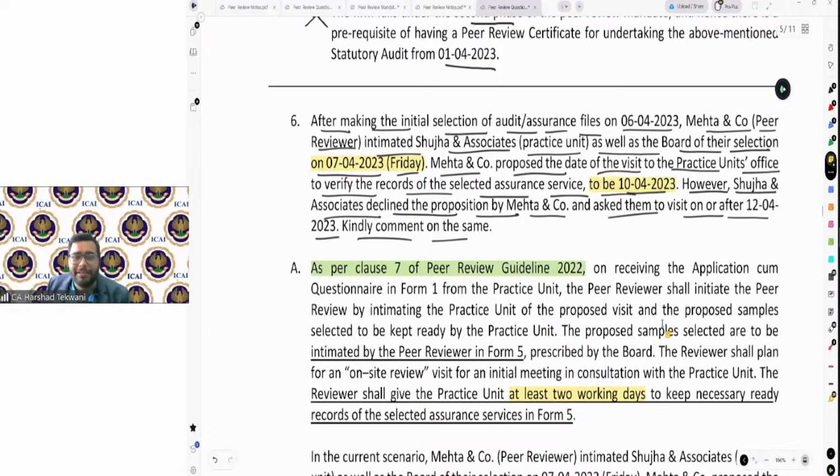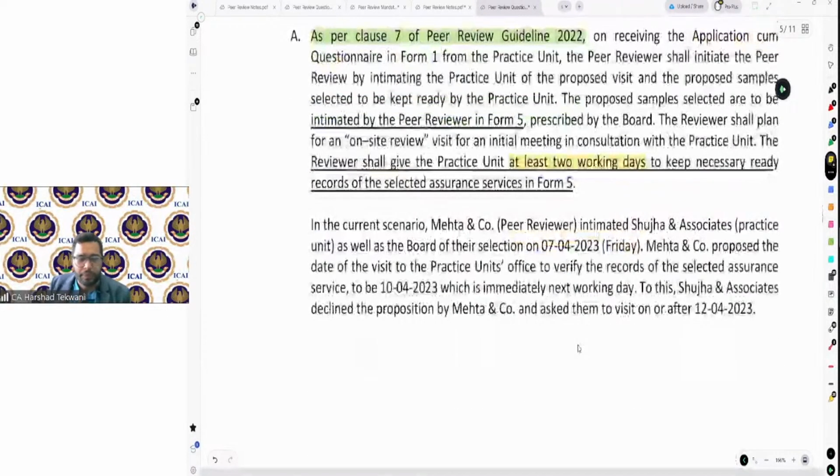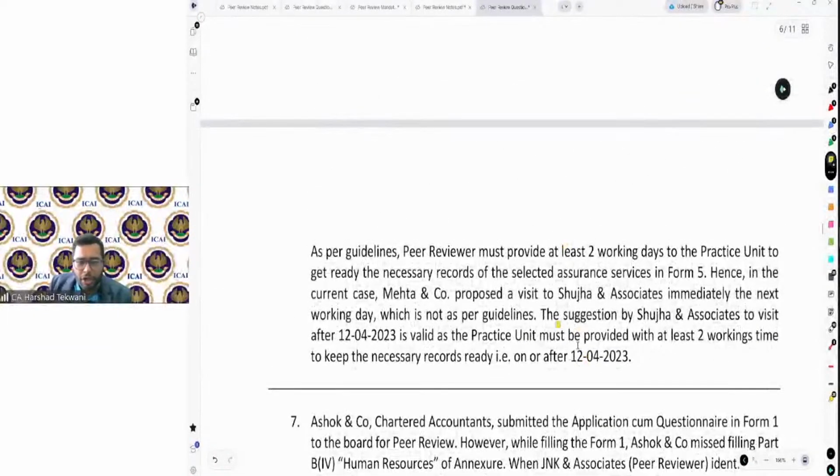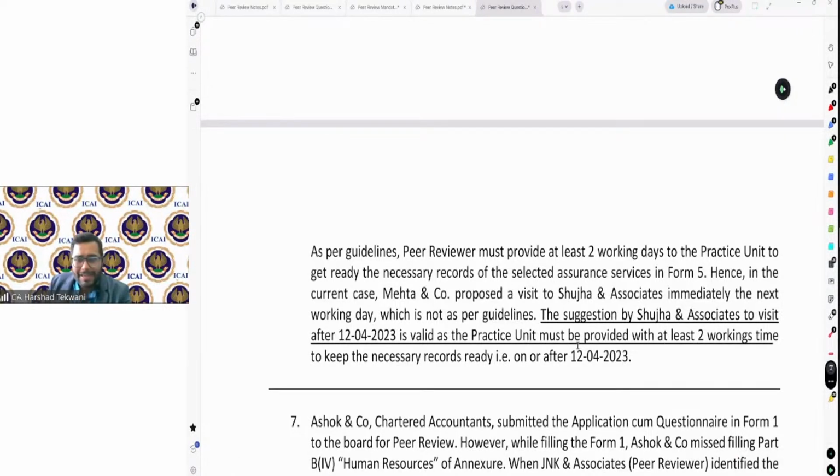And the suggestion given by the Suja and Associates to visit on or after 12/4/2023 is as per the guidelines, because that gives the 2 working days to keep necessary records ready. So if you see here also, the suggestion by the Suja and Associates is valid, as the practitioner must be provided at least 2 working days time to keep the necessary records ready. That is on or after 12/4/2023.